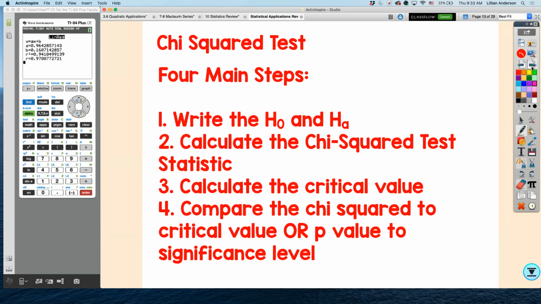They stood for your null hypothesis and your alternative hypothesis. To be honest, in the actual test, it's going to tell you to write out one or the other, or they may even give you your null hypothesis. If you're planning to do chi-squared for your IA, you should write out your null hypothesis and your alternative hypothesis.